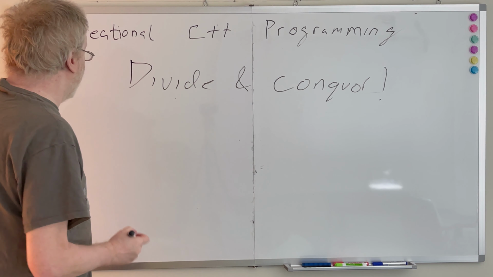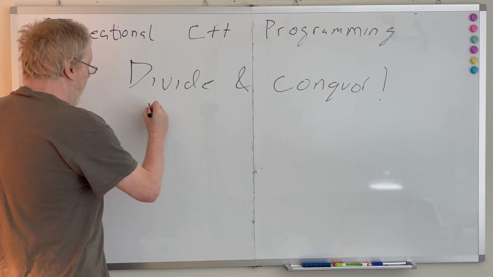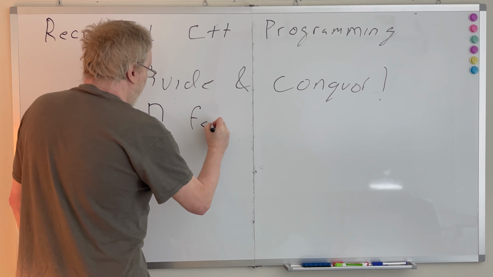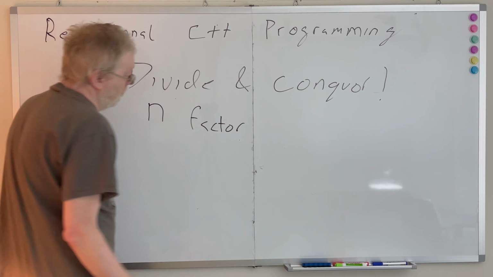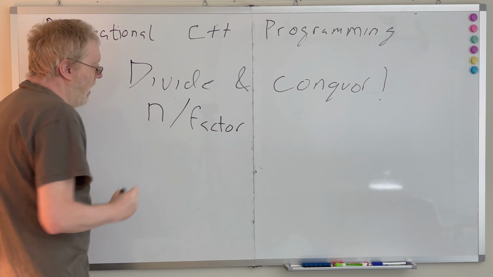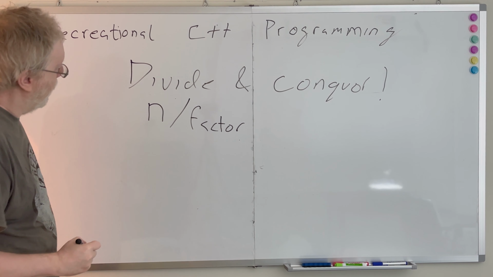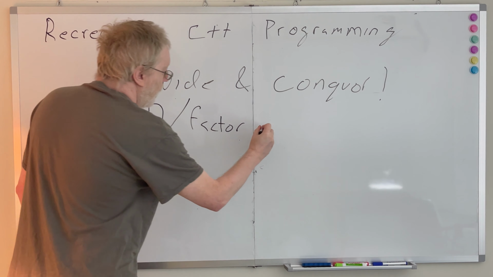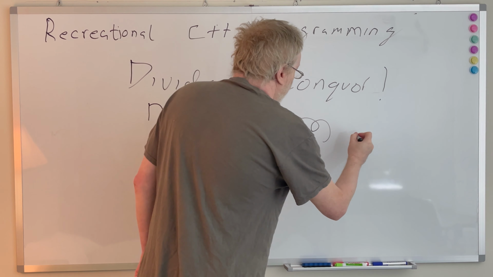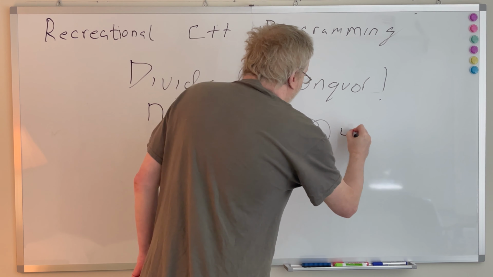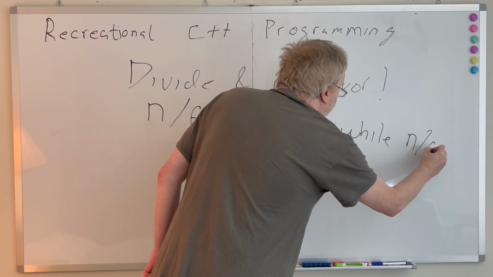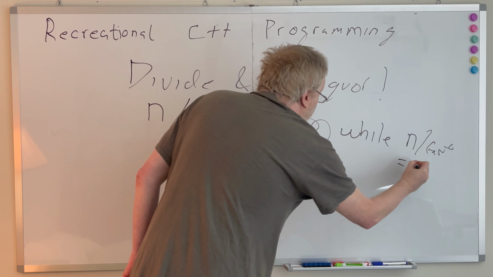So what do I do now that I've got a number? Like, I put in n, and now I have a factor. Well, I start dividing n by the factor in a loop, over and over and over, while n mod factor equals 0.